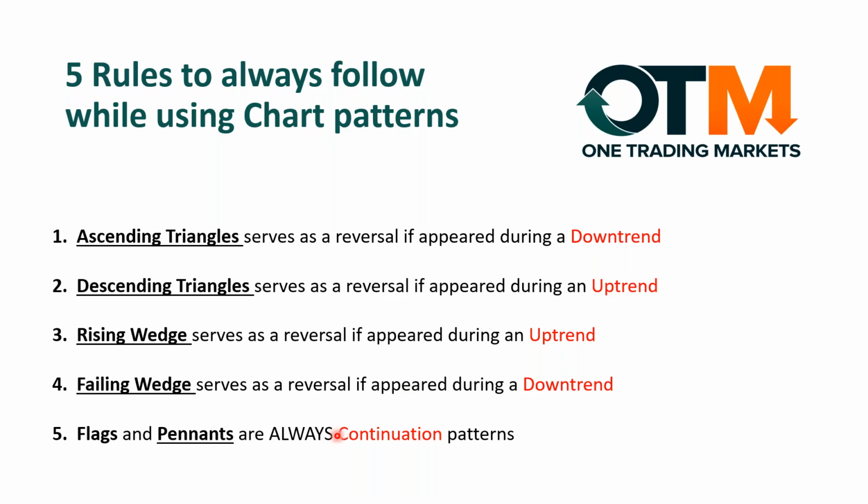Flags and pennants are always continuation patterns. So when you see a flag or a pennant, the probability of it happening is actually quite good, like 60-70%. Pennants are a little bit lower, like 50%. But like I said, falling wedges are really important, and so are rising wedges, and descending and ascending triangles.